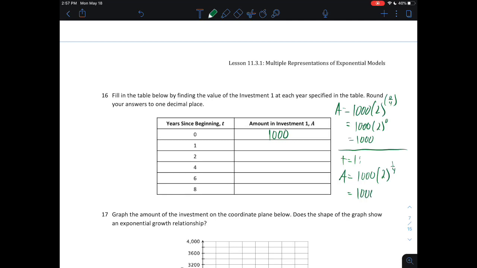So this becomes 1,000 times 2 raised to the 0.25 power, which means you can type 1,000 times parentheses 2, close the parentheses, then use that upside down V symbol for raising a power, 0.25, press enter, and notice what you get, 1189.207. And they say round your answers to one decimal place, so I'm just going to write 1189.2.